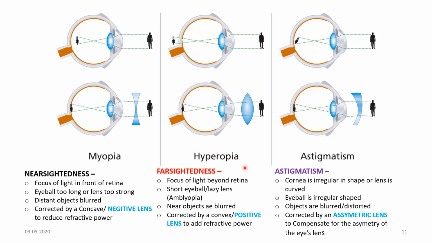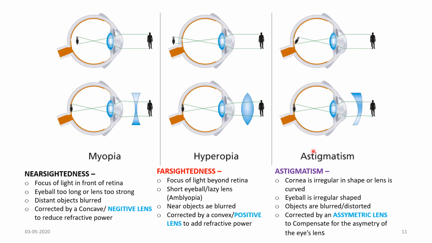In the case of hypermetropia or hyperopia or far-sightedness, the focus of light is beyond the retina. The eyeball will be short or the lens is lazy, or amblyopia. The near objects are blurred and it is corrected by prescribing a convex or positive lens to add refractive power.